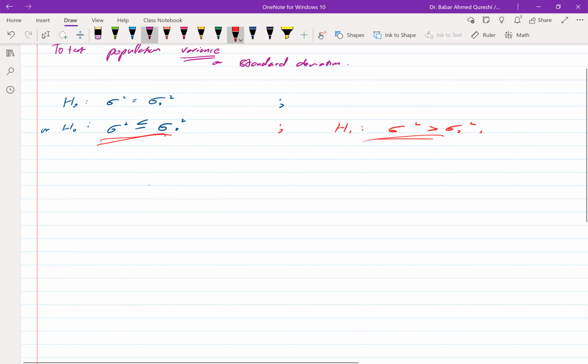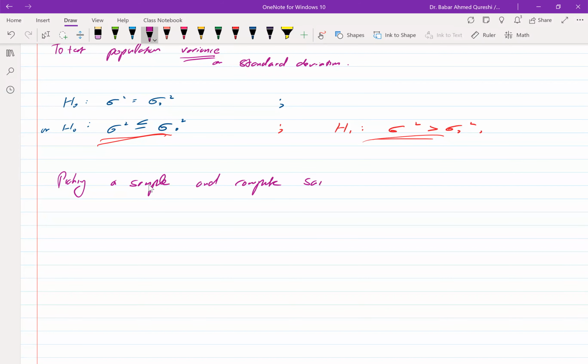So first of all, you will be picking a sample and computing the sample variance, because you are testing the variance of the population. You are assuming a hypothesis, but you cannot use that to make any probabilistic predictions.